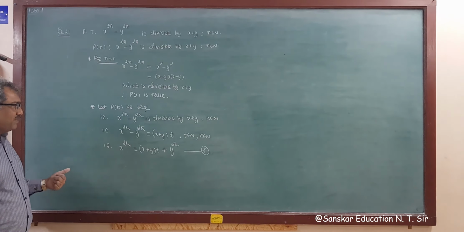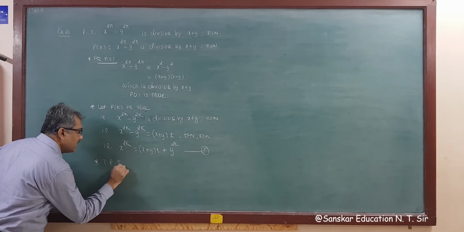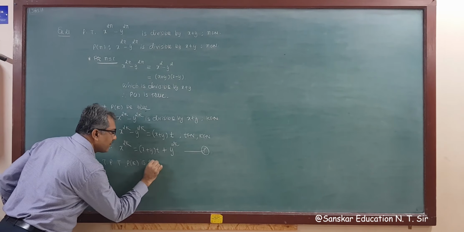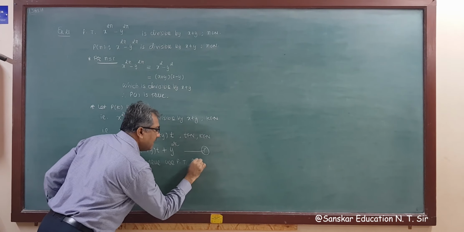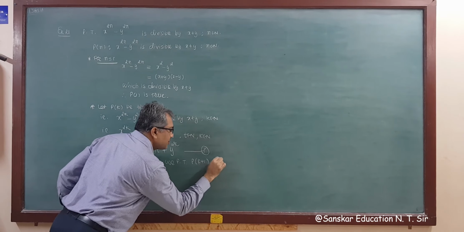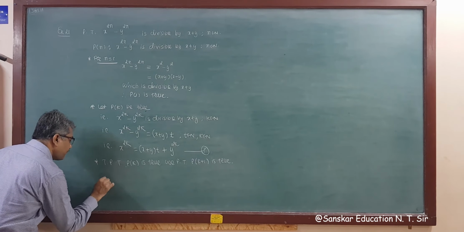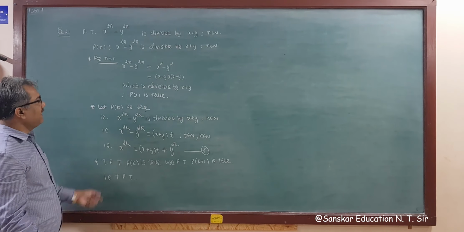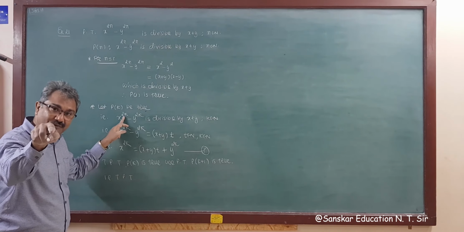Now same step, to prove that Pk is true, we prove that Pk plus 1 is true. That is, to prove that, simply replace k by k plus 1.